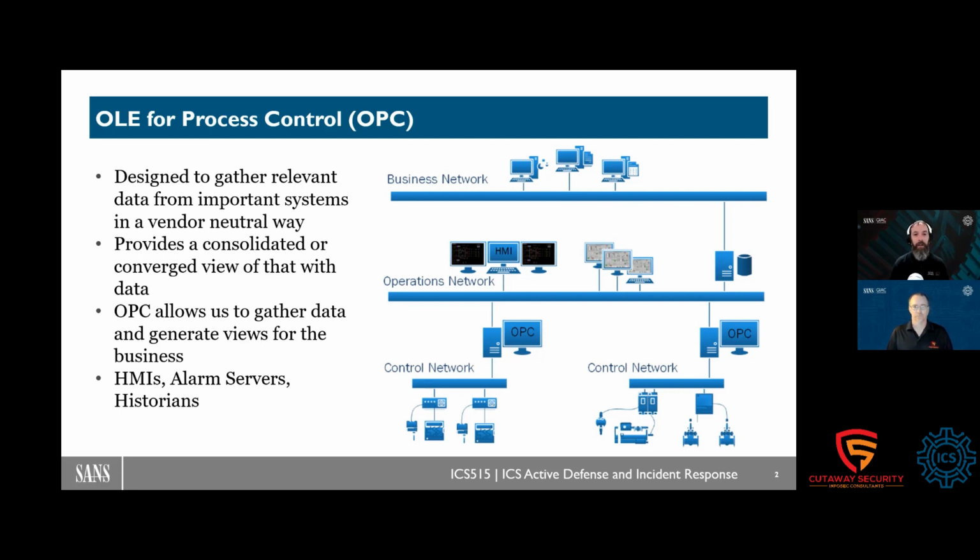OPC is one of those data-rich protocols where you get to see the tag, description, timestamps, and all sorts of other things around gathering data, around sharing data between systems. And because it's an open standard, you can have different DCS, HMIs, and SCADA systems talking OPC from different vendors, but able to use that same language and have that rich exchange of data, as opposed to something like Modbus, which is just tags and values.